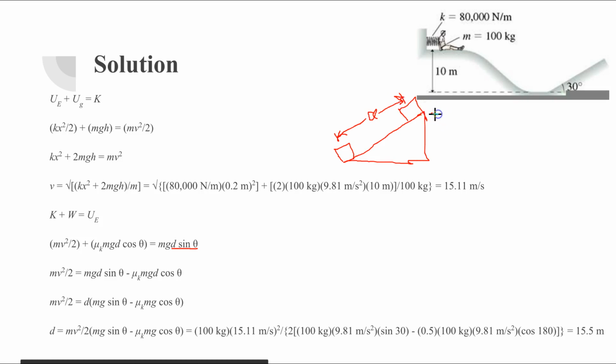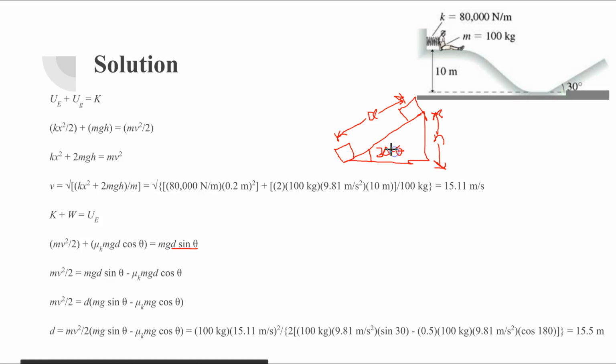This is h, the h in the gravitational potential energy mgh, and this is our theta, which is 30 degrees.